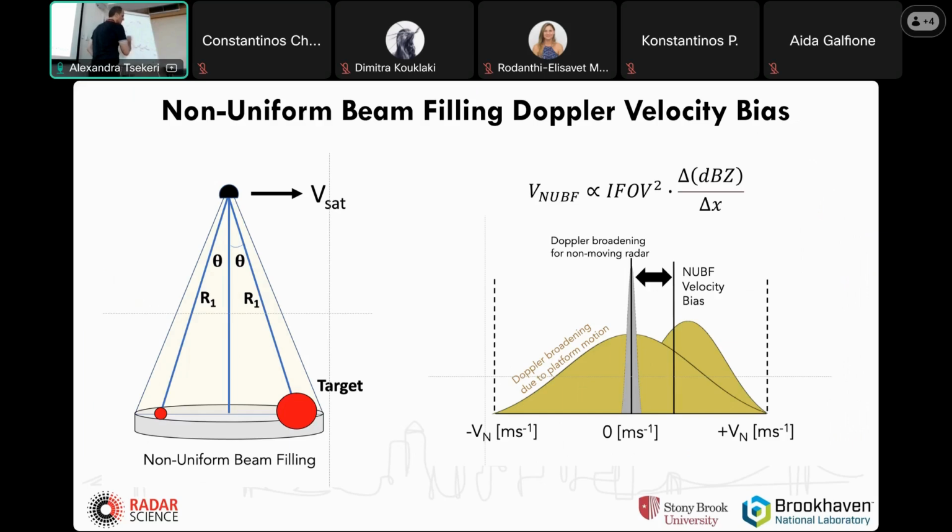The platform contribution, in normal conditions for EarthCARE, should be, let's say, 0.2 to 0.5 meters per second. The others could be anything between 0.2 to 2 meters per second. Simple math, I can tell you it's 0.3 times the velocity of the satellite times the 3-degree beam width of the radar.